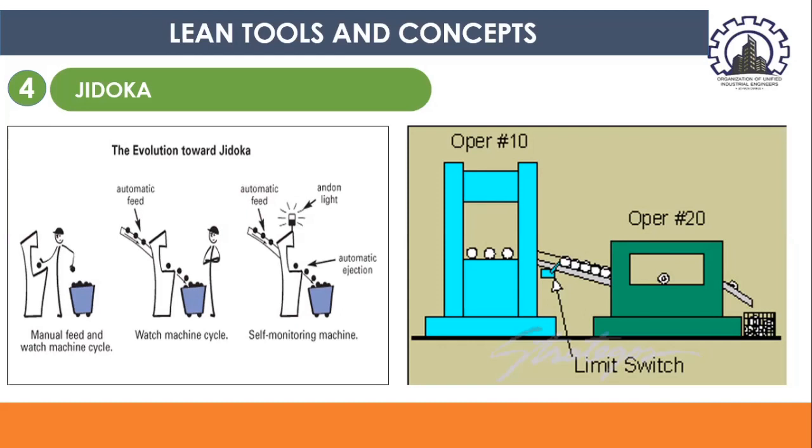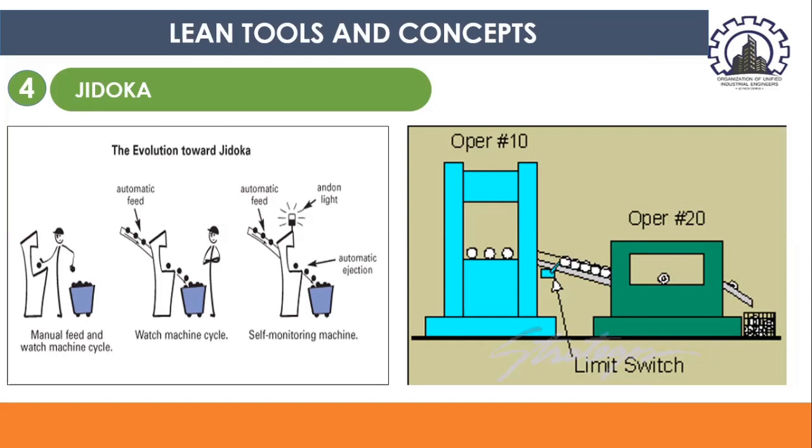So what is being done here? They included another system, what we call the andon system or andon lighting, and it helps signal automatic feeding and automatic injection as well. Now, as you can see in our second example, you have operation number 10 and operation number 20.